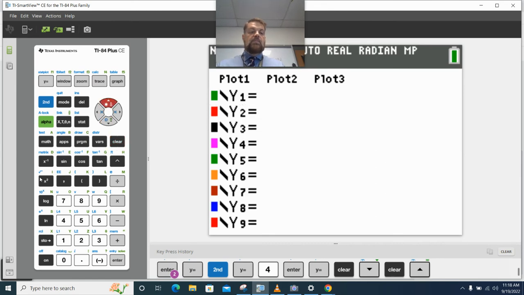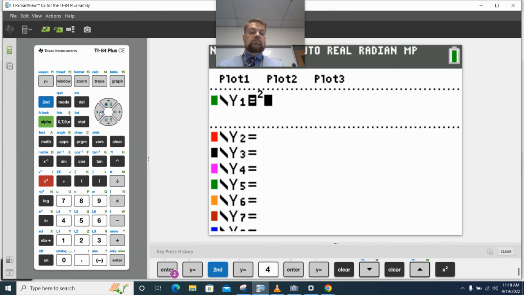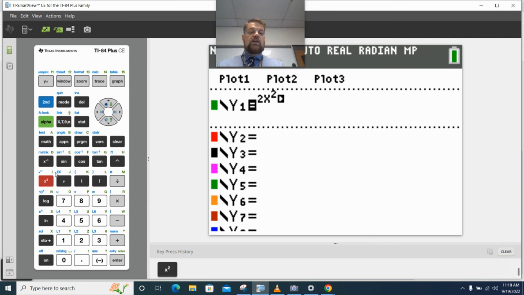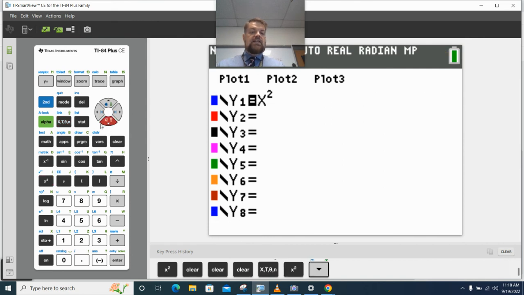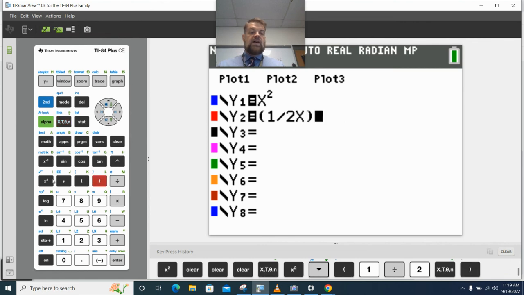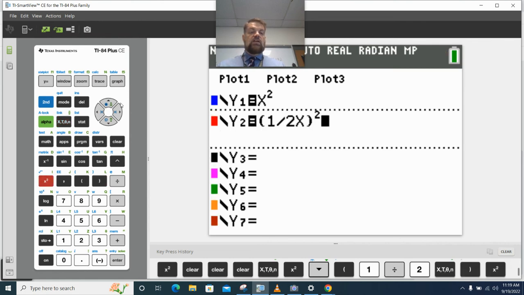And I'm going to do a basic x squared. And then down here, I'm going to, in parentheses, put 1 divided by 2 times x, and then square that. Okay.